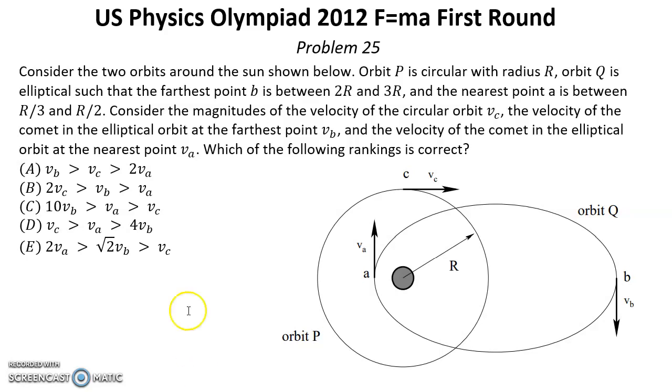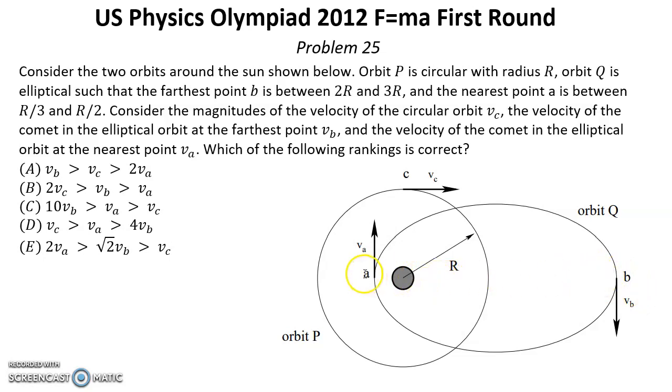Solution. From these five options we can guess the result and check option C. If we compare 10 VB with VA, the largest difference could be when the distance from A to the Sun is r over 3 and the furthest is 3r.